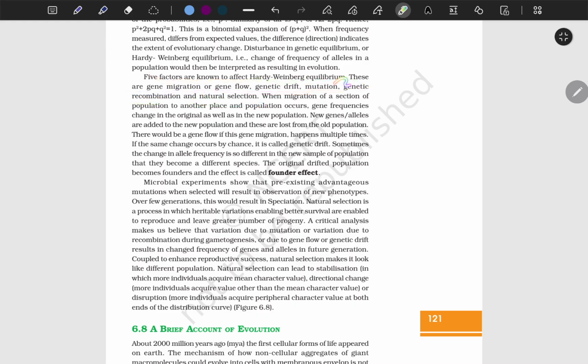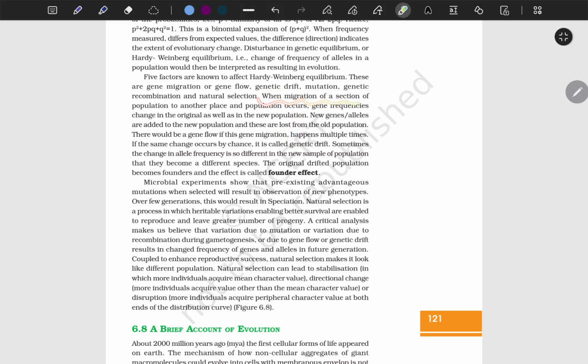We already know about mutation, genetic recombination and natural selection. So gene migration or gene flow is the change in the gene frequency, and genetic drift is due to the bottleneck effect we will be talking about.